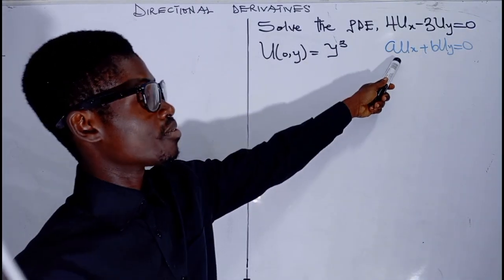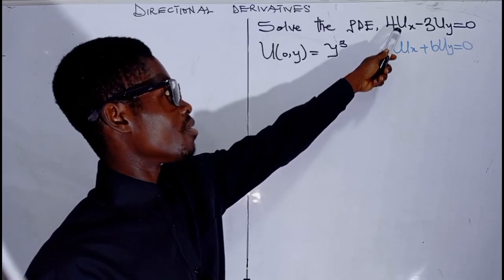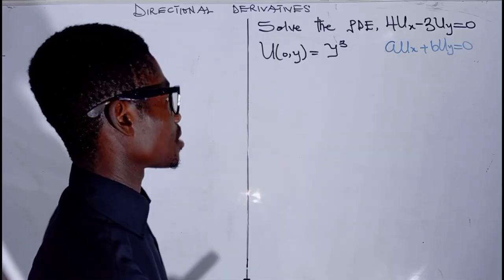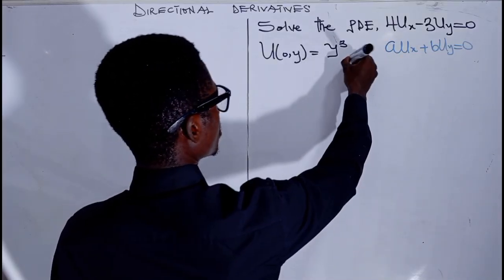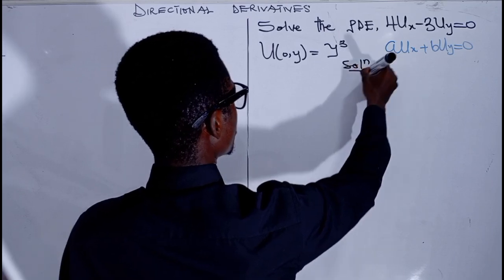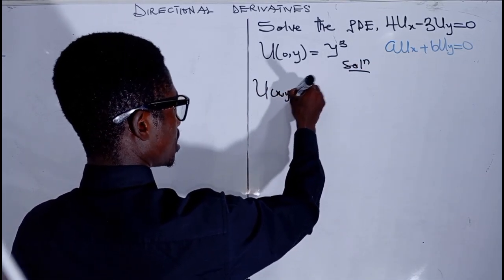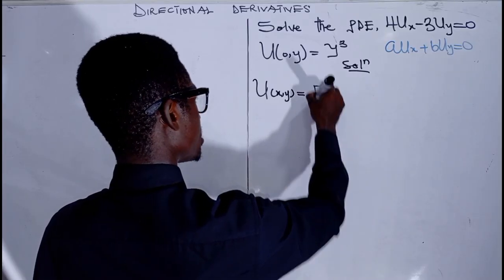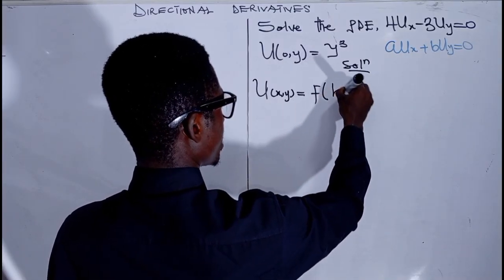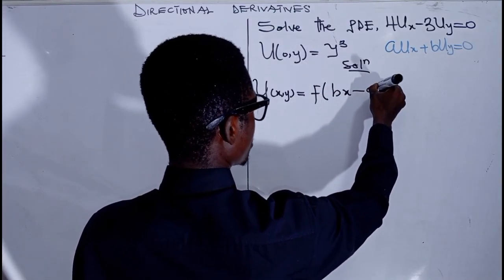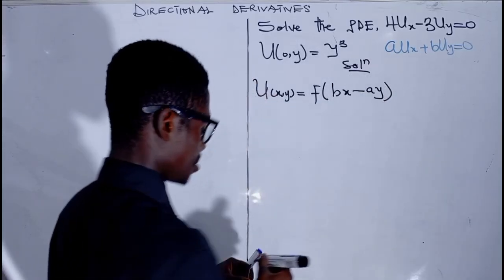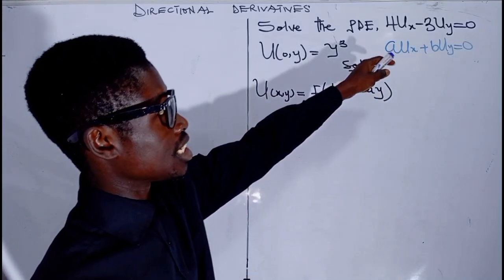And the general solution for a PDE of this form is given as u of x,y is equal to a function of bx minus ay.